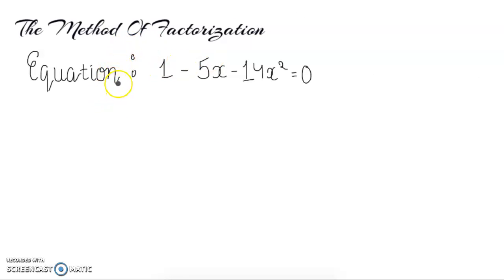Our first method is the method of factorization. Our equation is 1 minus 5x minus 14x squared is equal to 0. But there's something we have to do before we start.